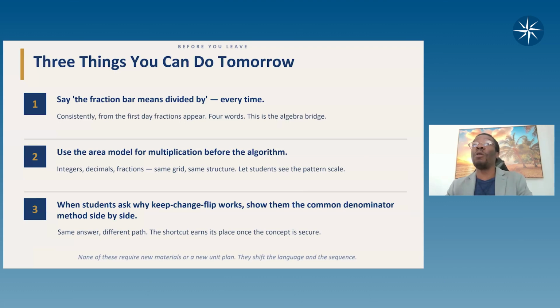So 3 things you can do tomorrow. This is important. Say the fraction bar means divided by, every time. When you write this fraction on the board tomorrow, make sure that you emphasize that it means 1 divided by 2.